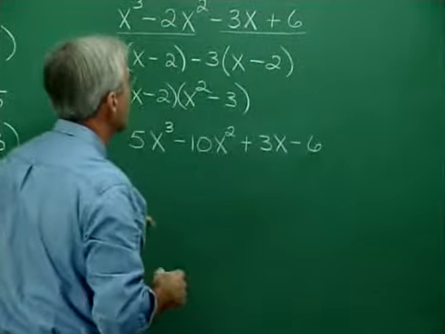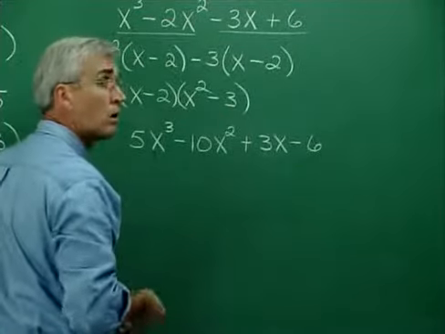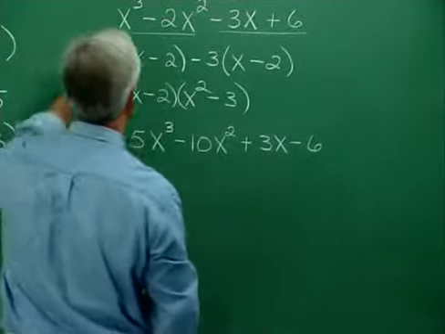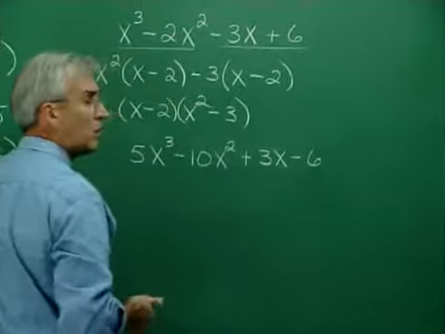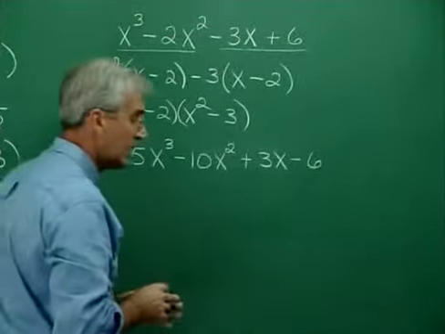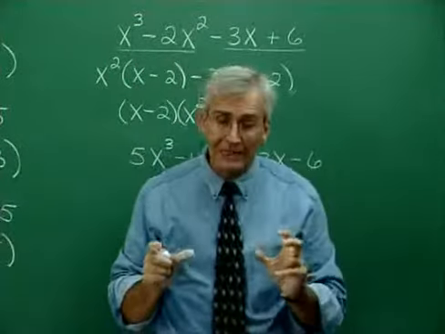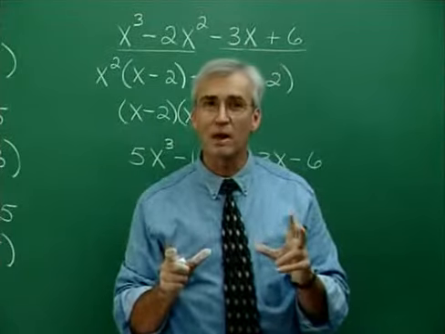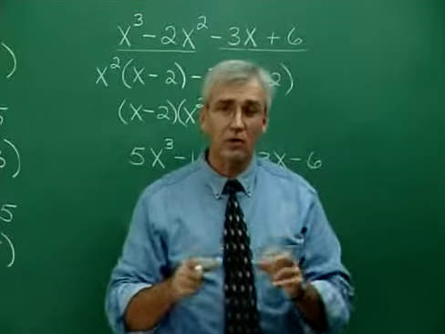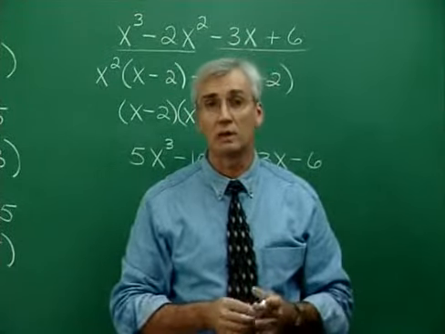Well, it turns out that way of grouping would work. There's a third way of grouping. We could group x cubed and 6 together, and then these two together. Would that work? Well, it turns out that there are 3 grouping possibilities in problems like this, and 2 of them will work to give a correct factored form, and the third one will not.